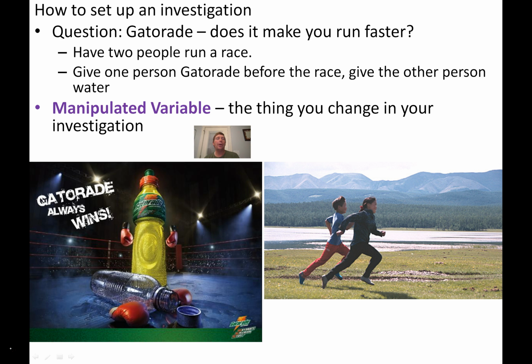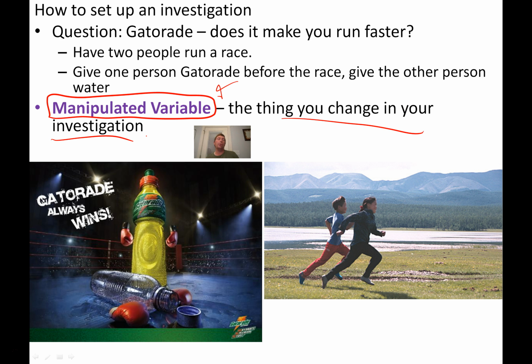Now, what we did right there is we set up what's called a manipulated variable, and this is something you absolutely positively have to know about investigations. Investigations have different variables, or different things that are changing during the investigation. The first one we're talking about is the manipulated variable, and from here on out, anything that you see written in purple is referring to the manipulated variable. The manipulated variable is the thing you change in your investigation.